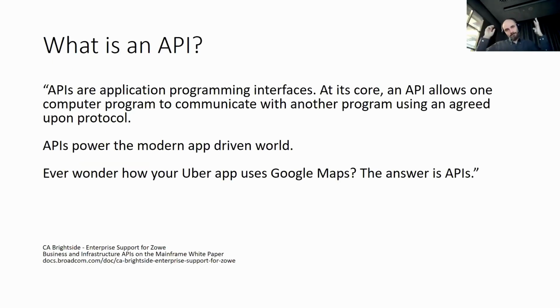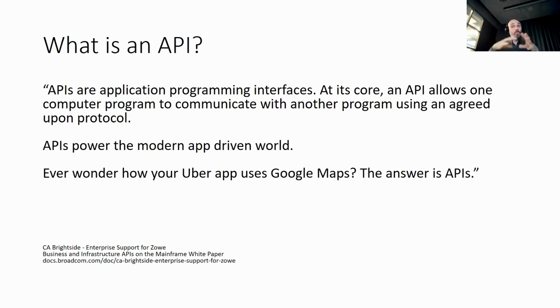Right at the top, let's kick it off with a very brief definition of an API. It stands for Application Programming Interface. It's two programs communicating with each other over an agreed upon protocol. In the context of this session, for mainframe APIs, we're talking about web APIs on mainframe.